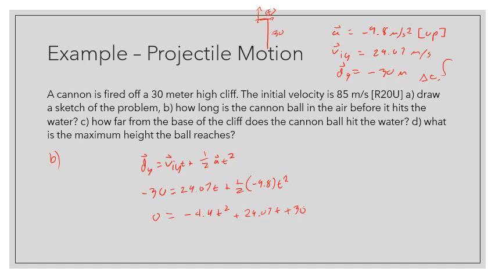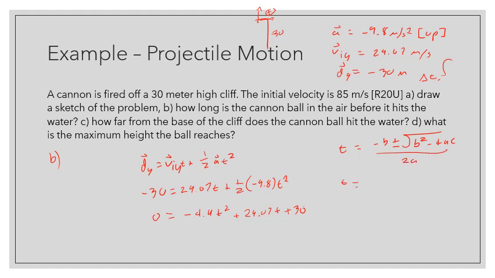As you can see, this is actually a quadratic equation, so in order to solve for t, we can use the quadratic formula. t is equal to negative b plus or minus the square root of b squared minus 4ac, all over 2a.